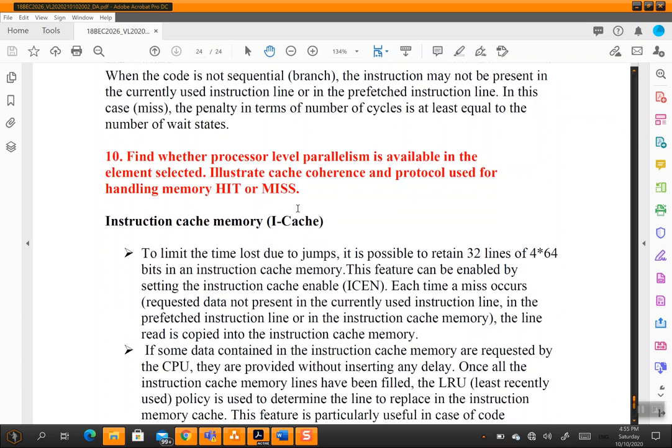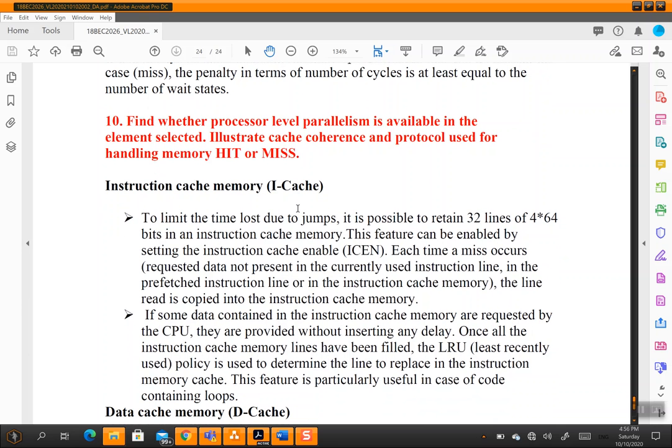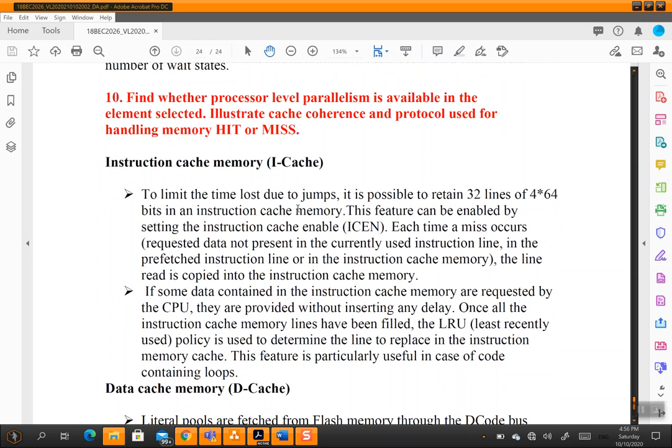Next question: find whether processor level parallelism is available in the element selected, and illustrate cache coherence and the protocol used for handling memory hit or miss. What cache memories are used in the selected microcontroller? The first one is the instruction cache memory, called the ICache. It is used to limit the time lost due to jumps, and it can retain 32 lines of 4 by 64 bits in the instruction cache memory.